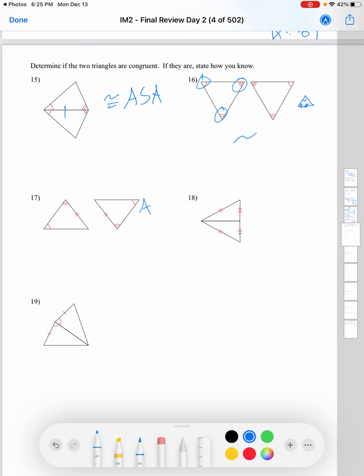Here we have angle, angle, side, angle, angle, side. So yes, those are congruent by angle, angle, side.